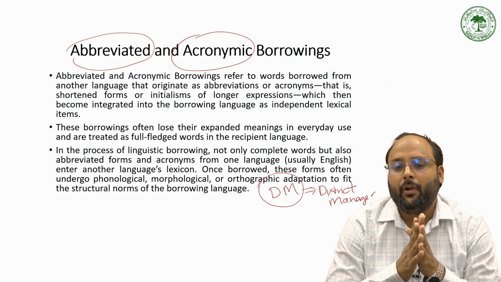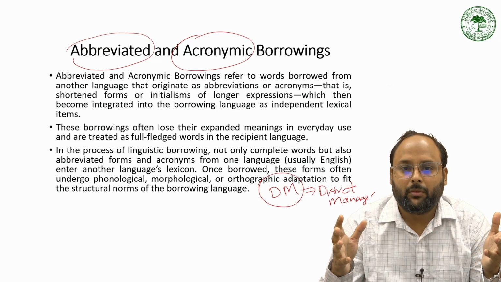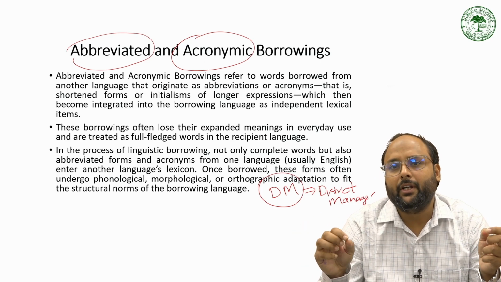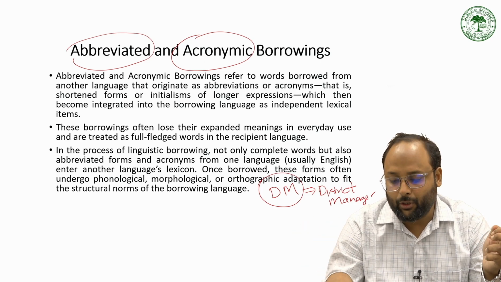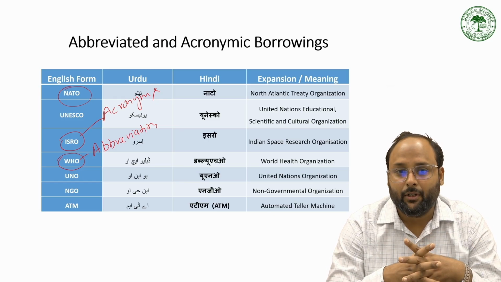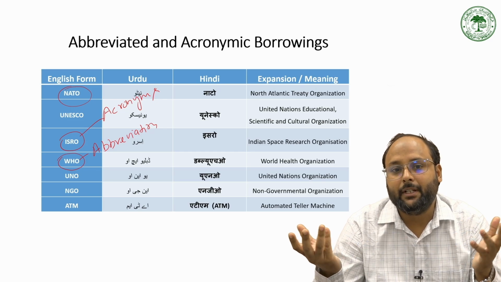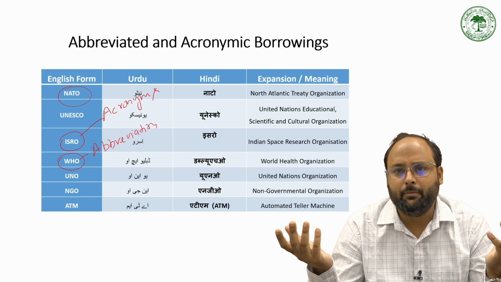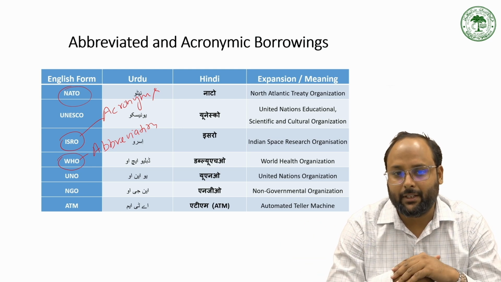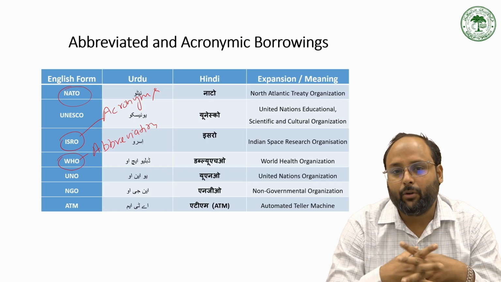I already told you, if you borrow an abbreviated or acronym form from another language, you can modify it according to your phonology, morphology or orthography, because many times we do not have the same pronunciation. For example, NATO is pronounced in English one way, but in other languages they can pronounce it differently, since they may not have those kinds of vowels and consonants, so they modify these abbreviated and acronym forms when they borrow them.